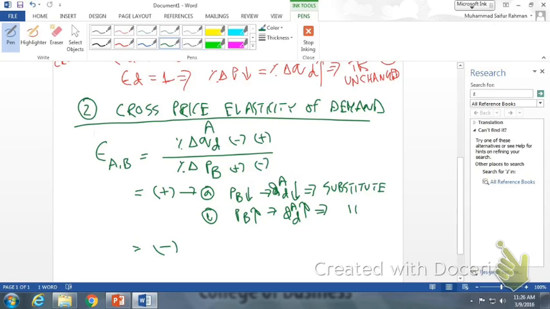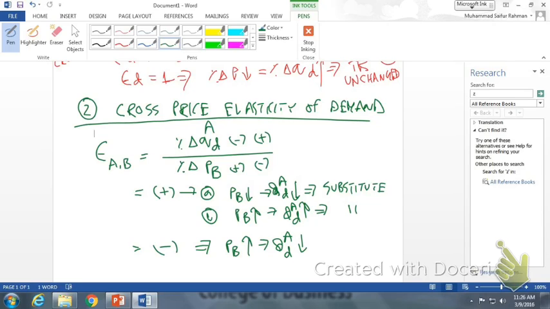Right? Let's imagine the first one. Let's imagine that we are increasing the price and quantity demanded for A is going down. Okay? So price of B is going up, my quantity demanded for A is going down.